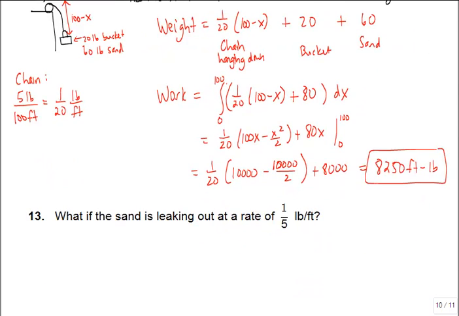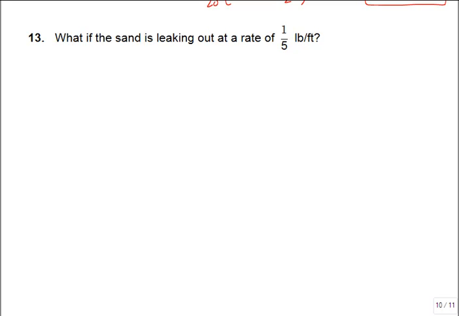Okay. Now, a twist, same problem, but this time, what if the sand is leaking out at a rate of 1/5 pound per foot?